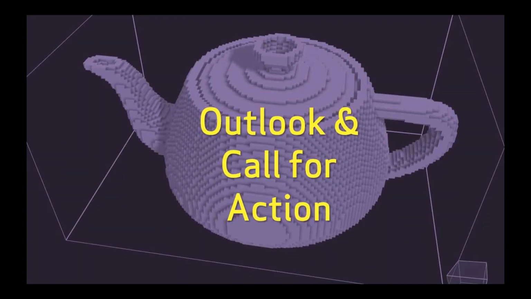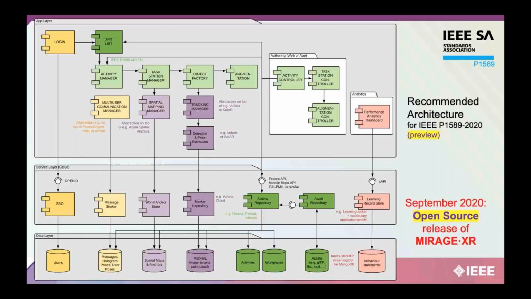What can you do to further support the uptake of ARLEM and further help to make it the industry standard for expressing augmented reality experience content? We recommend, and are at the moment working on, a further elaboration of system architecture that you might want to use in your own work.